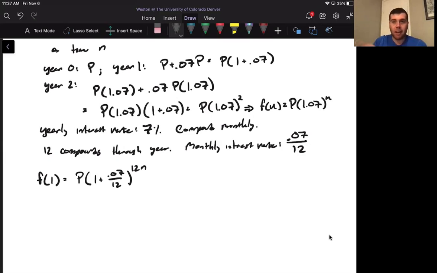So we end up with 12 times as many 1 plus 0.07s over 12. Oh, and that n shouldn't be there because we're evaluating f of 1. So it's like that n is 1.